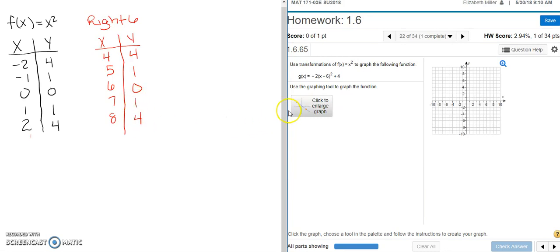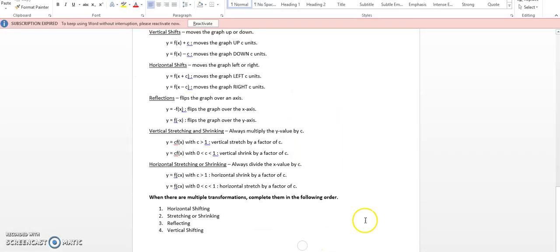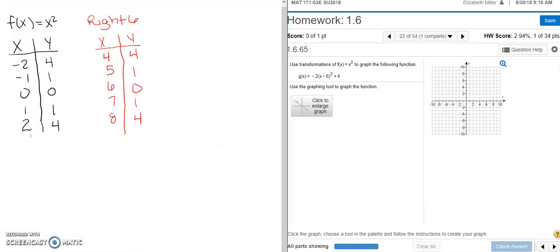The next thing we need to do according to our order is stretching and shrinking, either horizontal or vertical. You have to do all of it. What we have is a vertical stretch right here with the 2 on the outside. When we do vertical stretching, we're multiplying the y value by the constant.